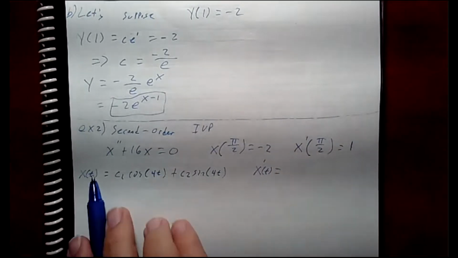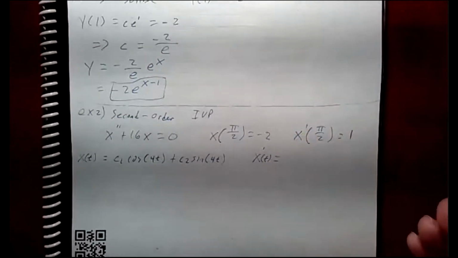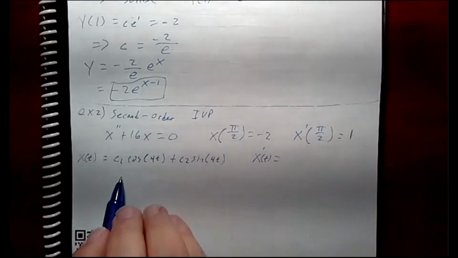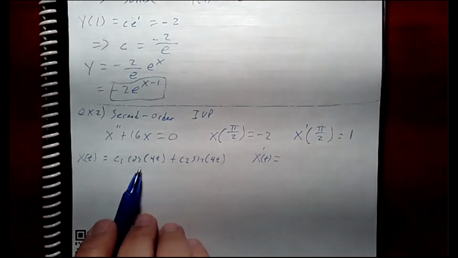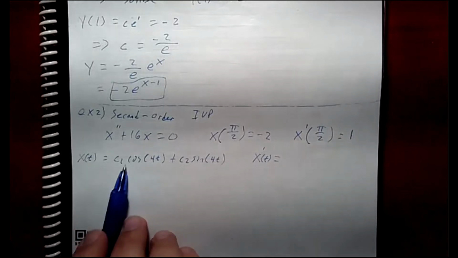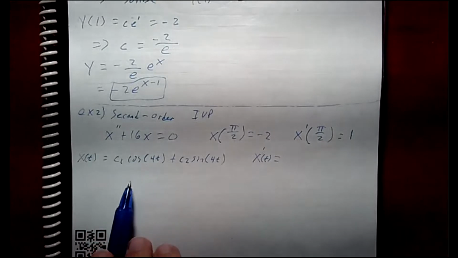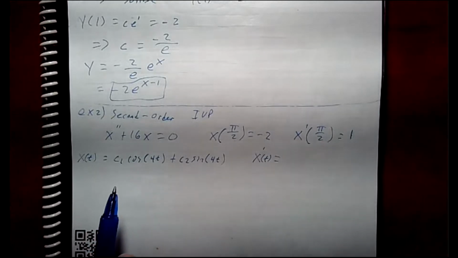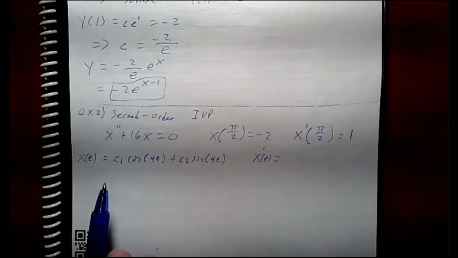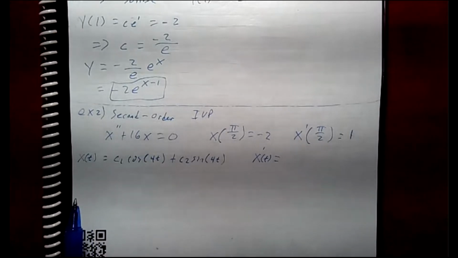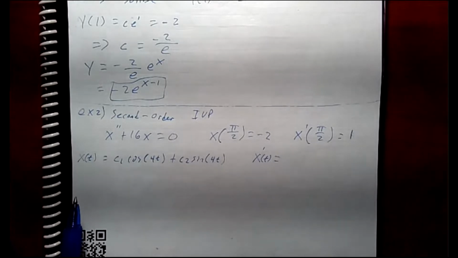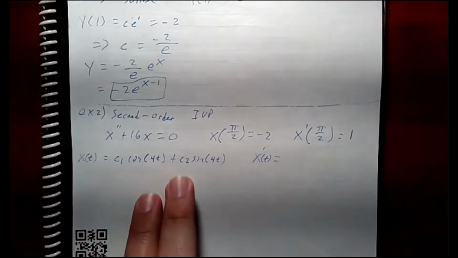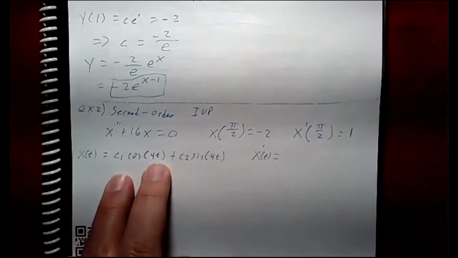You don't have to write it this way, but just because. Derivative of cosine. So what is the derivative of C1 cosine 4t? And this is stuff that you guys are pros at, right? What's the first derivative going to be for this first term?